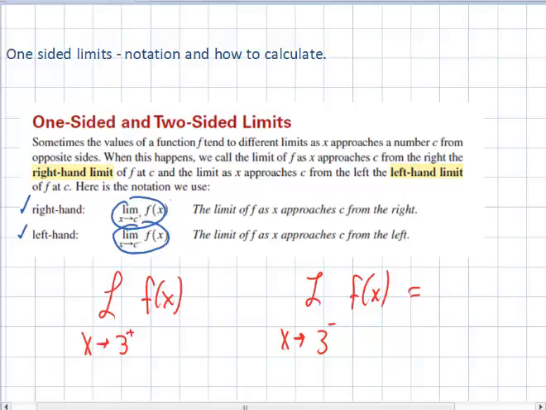If the left hand limit does not equal the right hand limit, then you can't say that the limit as x approaches c even exists if the left hand limit and the right hand limit are not the same. I should say that's c, to be consistent with the book.